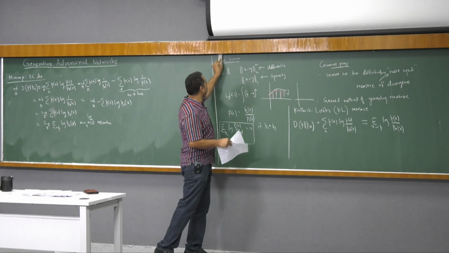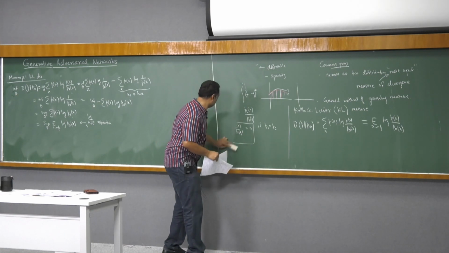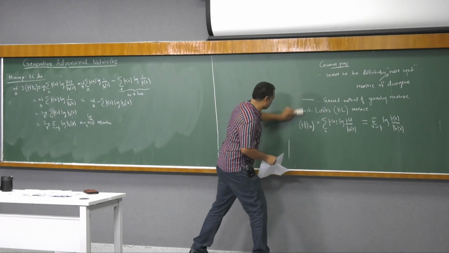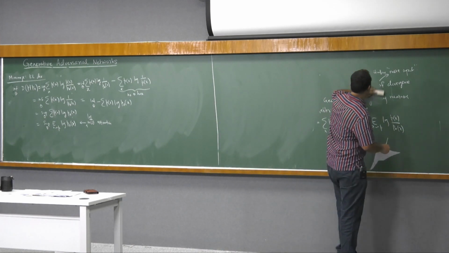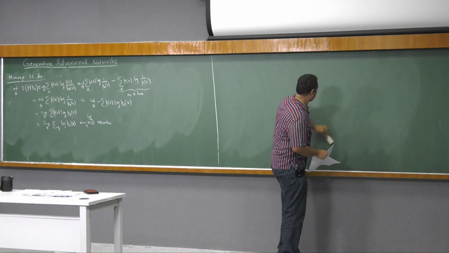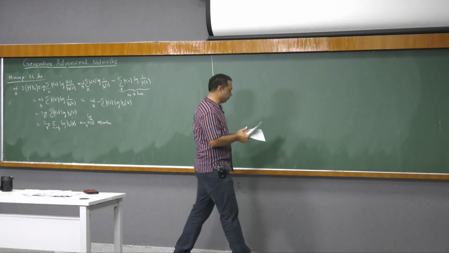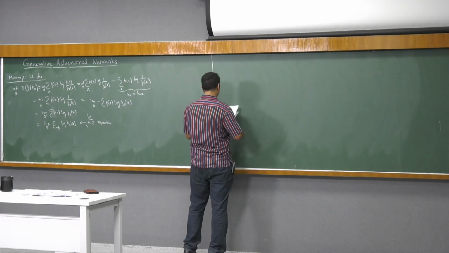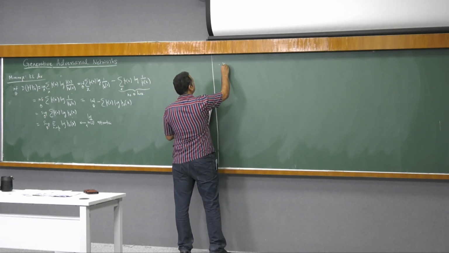This is the reason why I stress on maths, because ideas get generated from there. Once the idea is there, you can always implement, but how they are developed needs a lot of stuff. So the first property that we will study is that the KL divergence is convex.